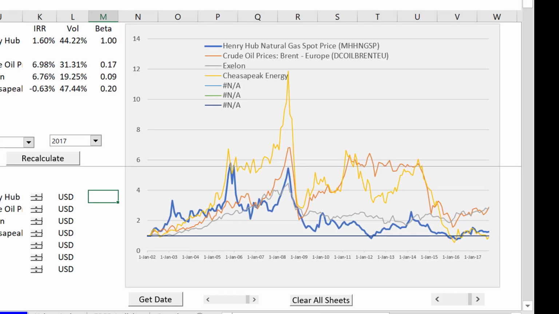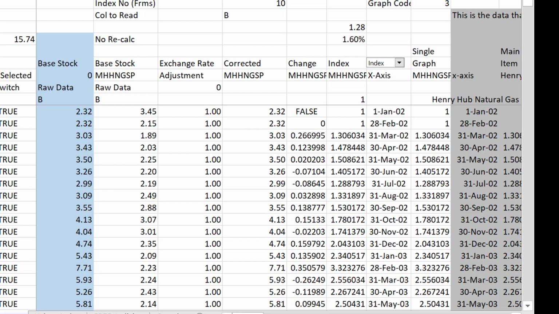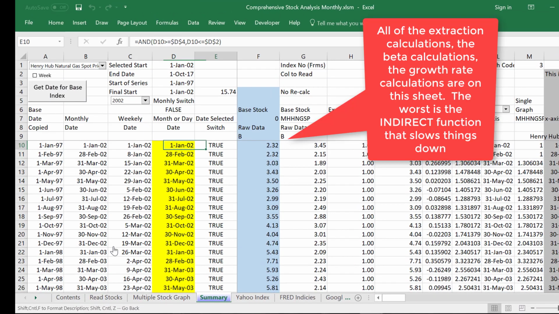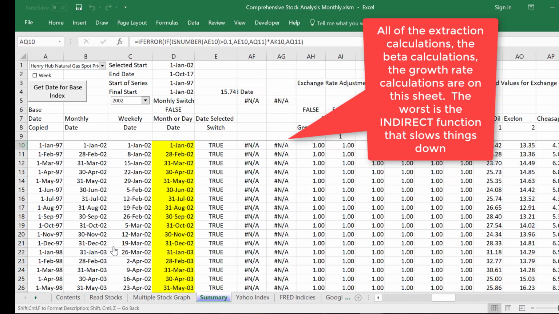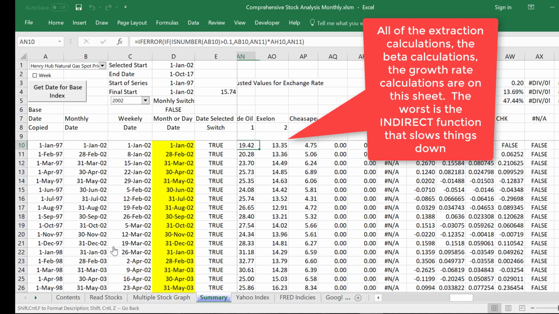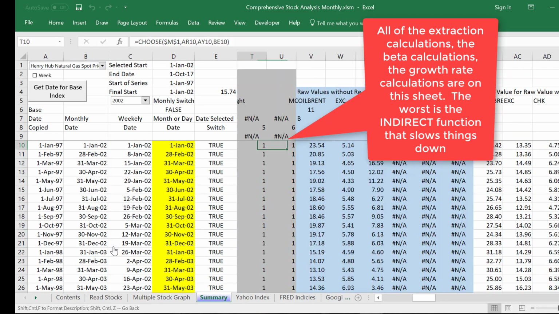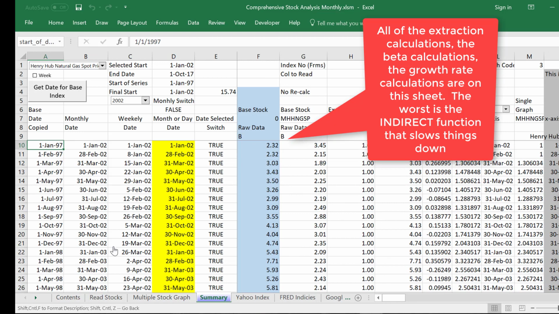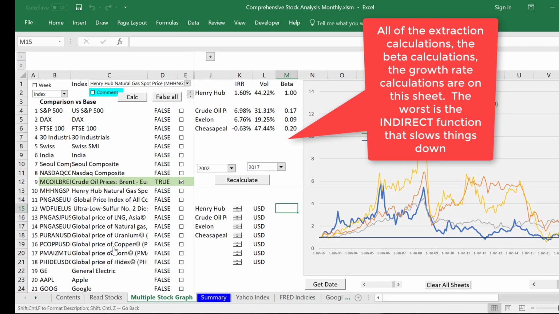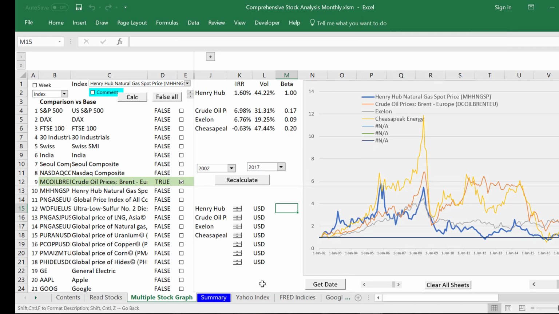Okay, and then here's a stock graph, and then there's a summary sheet which goes through all the analysis, and this is the sheet that can really slow you down. So I'm going to show you how you can, instead of recalculating this sheet, just recalculate parts of the sheet. And it turns out to be, in some ways, easy, and in some ways, a little difficult.